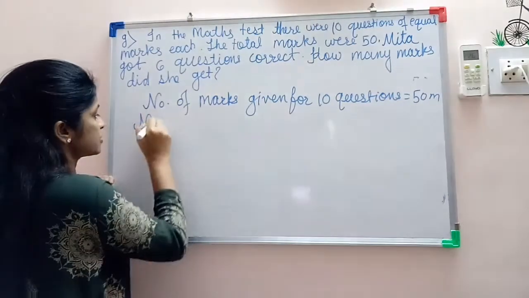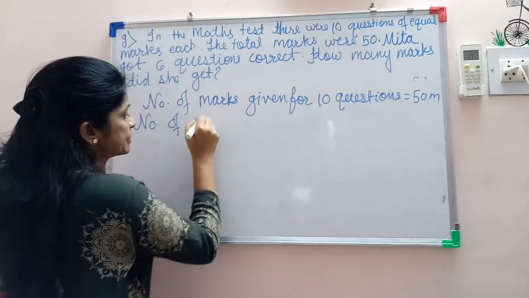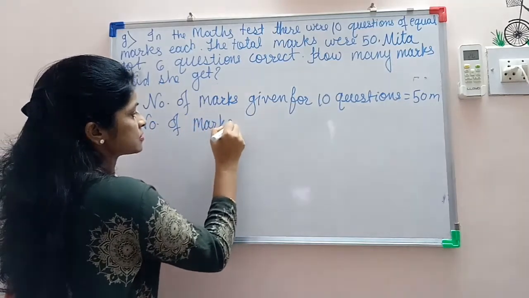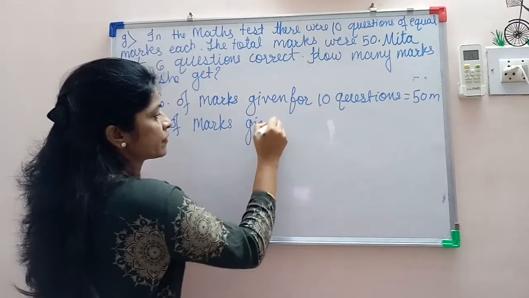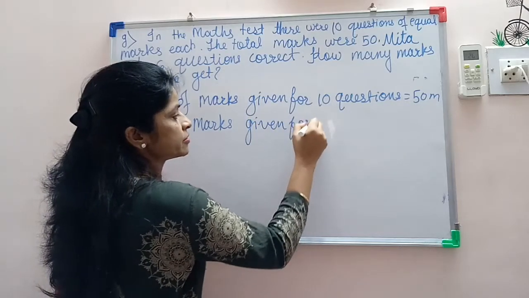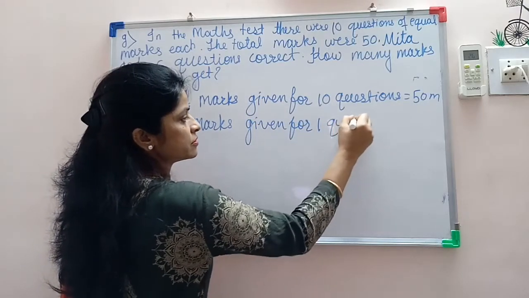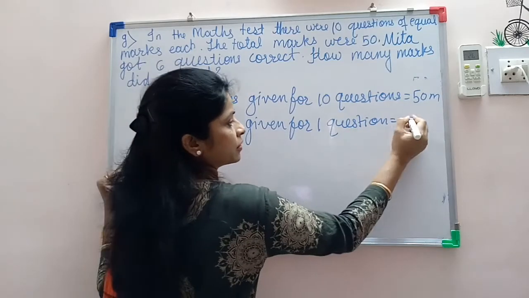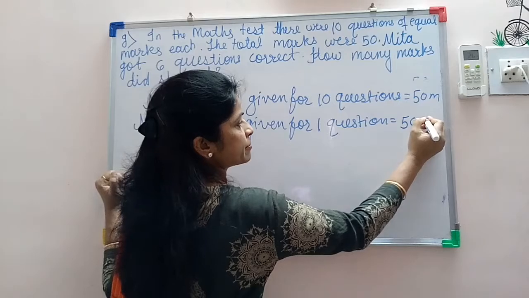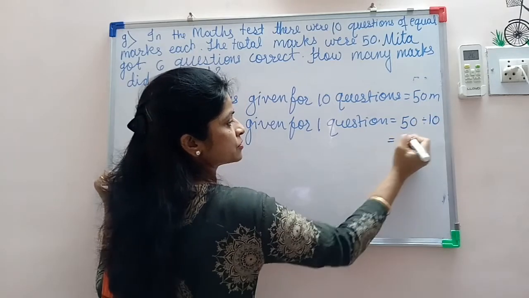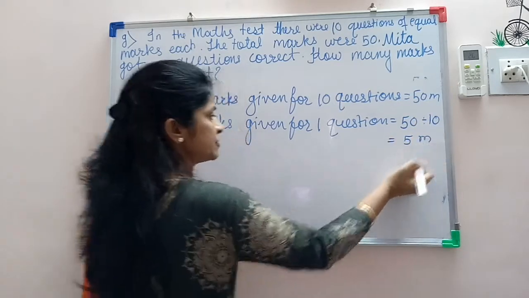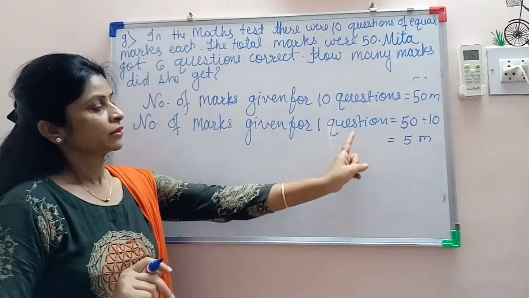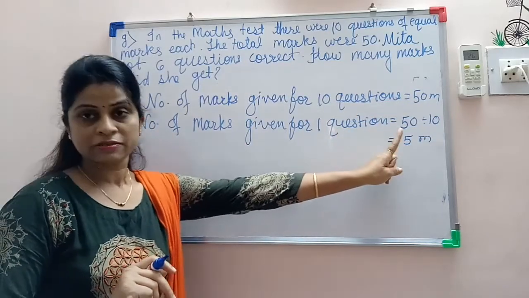So number of marks given for one question, for that total marks divided by 10. So you will get 5. So for one question 5 marks will be there.